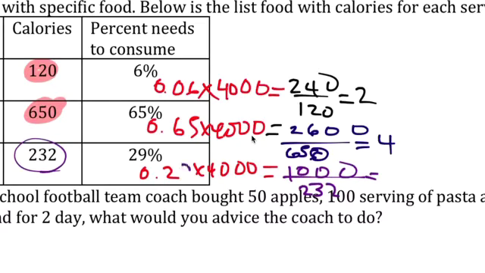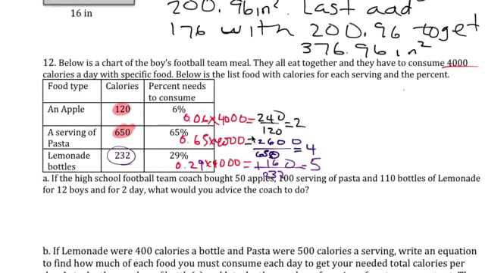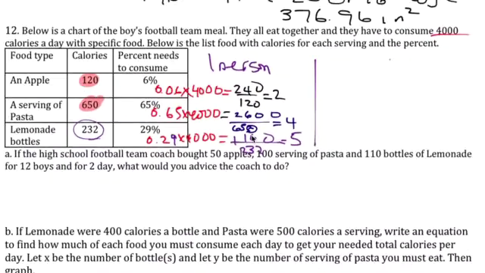I did it wrong, that's why. 4,000 times 0.29, I get 1,160. Divide that by 232, I get 5. 5 bottles of lemonade. This is for one person. Okay.